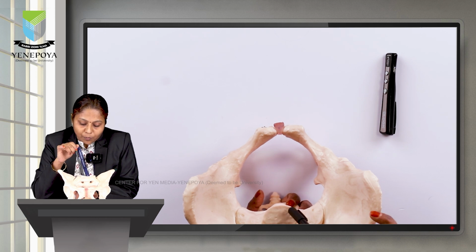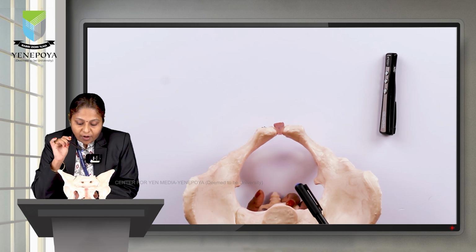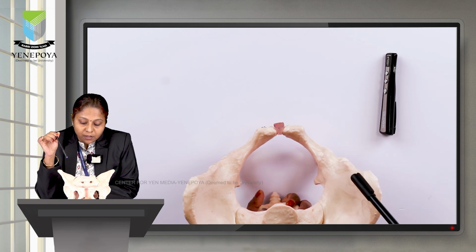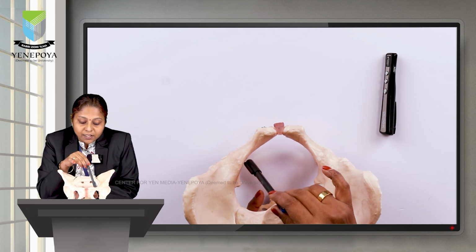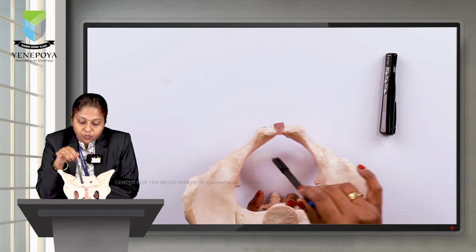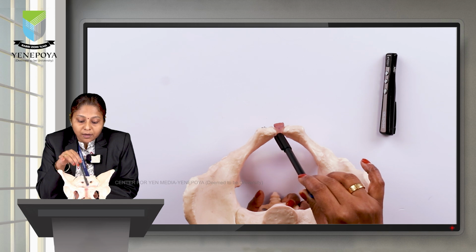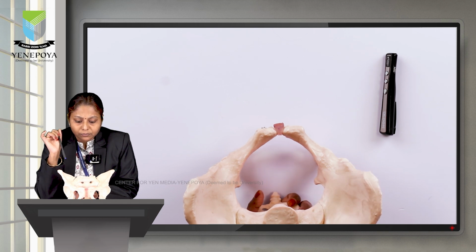The sacral promontory and the wings of the sacrum form the posterior border of the pelvic brim, whereas the iliac bones form the lateral borders. The pubic bone forms the anterior border of the pelvic brim.